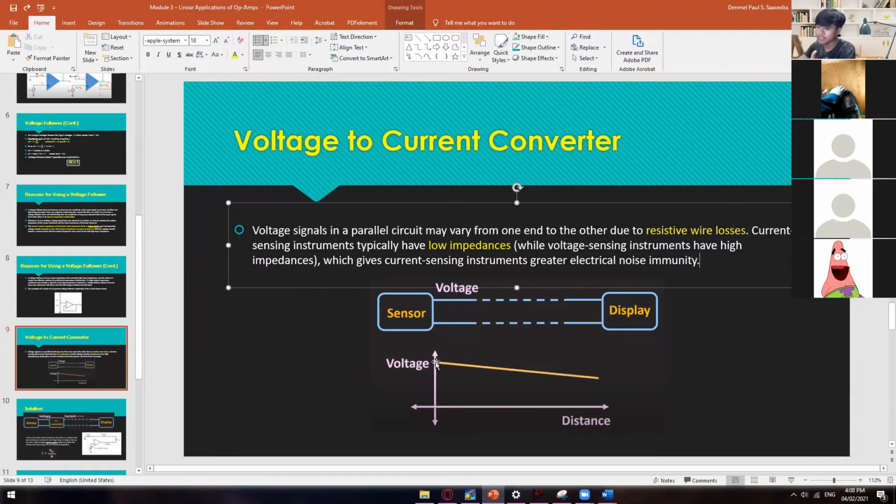Unlike the voltage source, the longer the distance or the longer the wire, the more voltage it will drop as it goes to its destination. But for the current, it's stable. Whatever the current is on this wire is the same as the current at the end of that wire. That's the benefit of having a voltage to current converter.